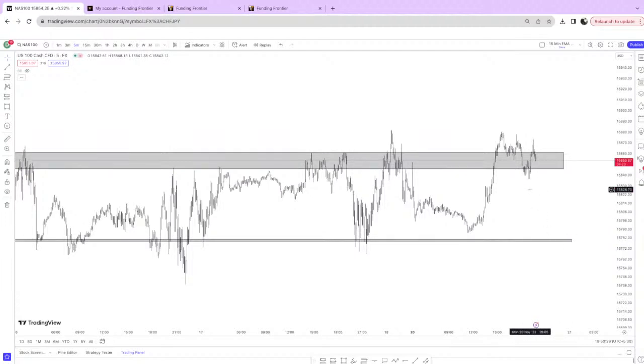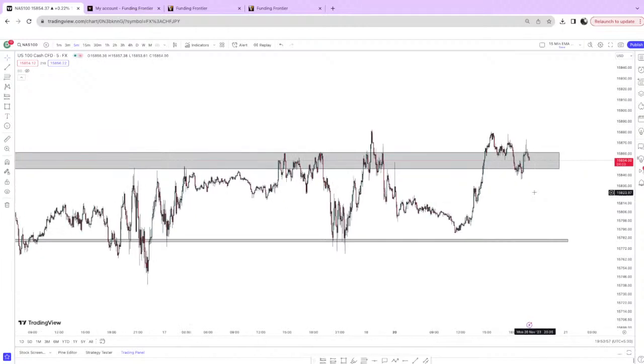What I am interested in is buying at this level if I get a good pattern here, something sort of an inverse head and shoulder or double bottom, or a strong bullish candle. Then I'll take a nice 1 is to 2 upside trade.